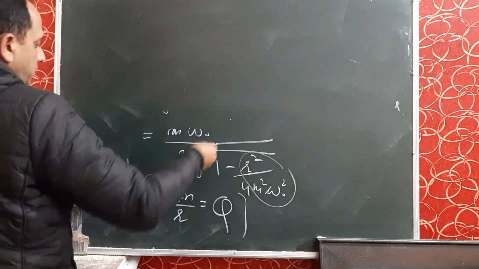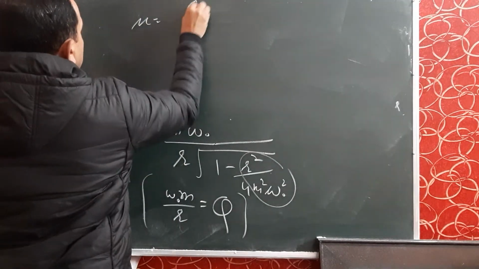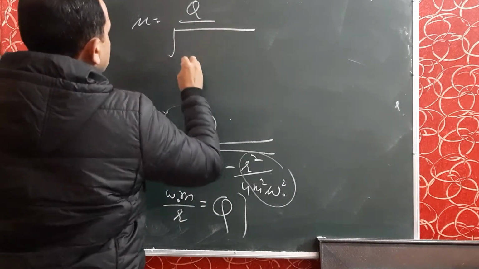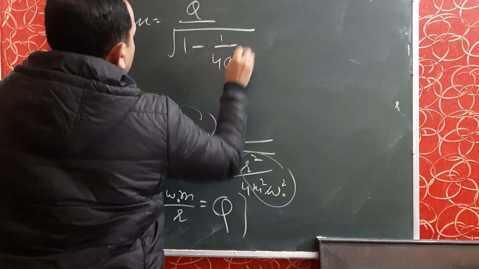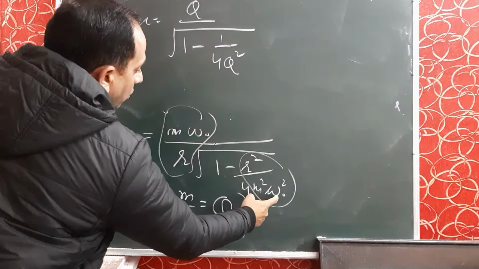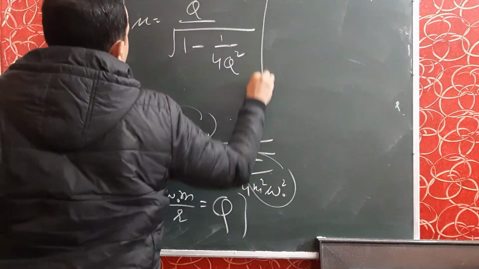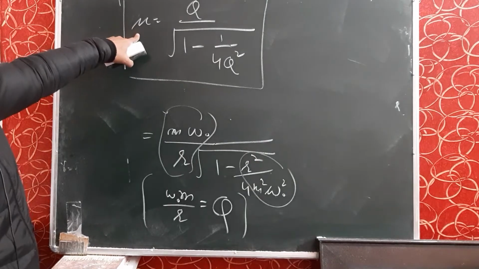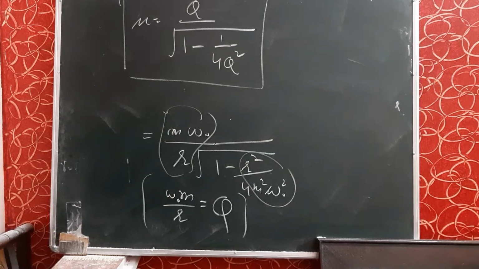So mu is equal to omega naught m by r, that is Q, over the square root of 1 minus 1 over 4 Q square, because m omega naught by r is Q and its square is Q square. So this is the final answer for the amplification factor, and it is the relation between the amplification factor and the quality factor.